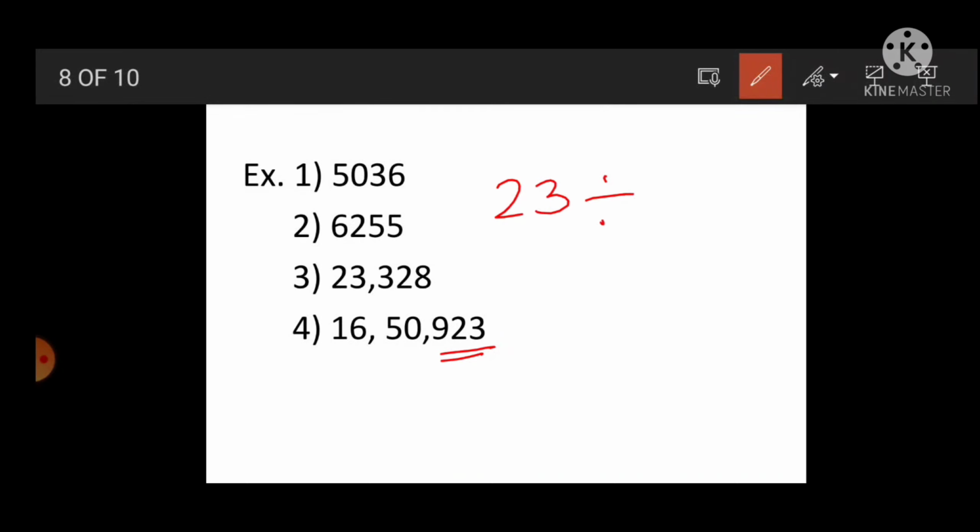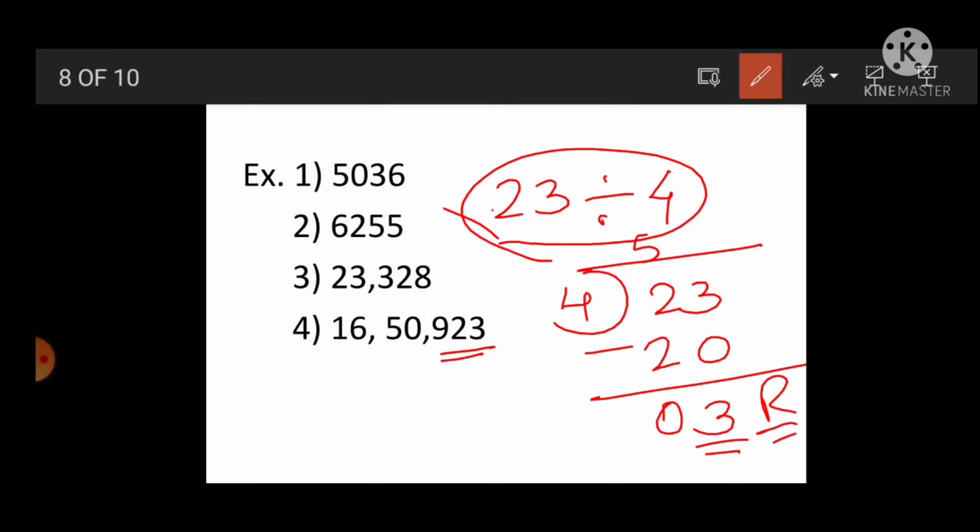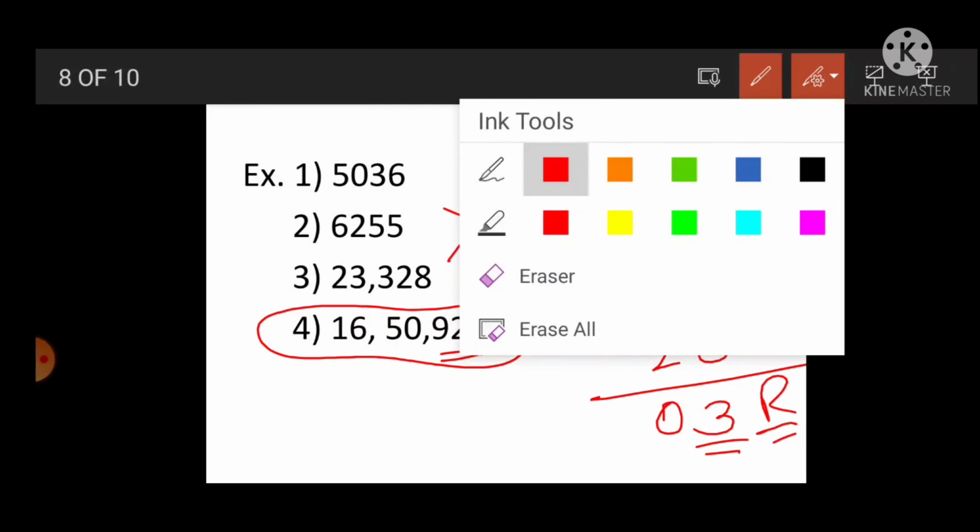Check if 23 is divisible by 4. 4 fives are 20, and 23 minus 20 is 3. Here the remainder came 3, which means 23 is not completely divisible by 4. So the given number, 16,50,923, is also not divisible by 4.